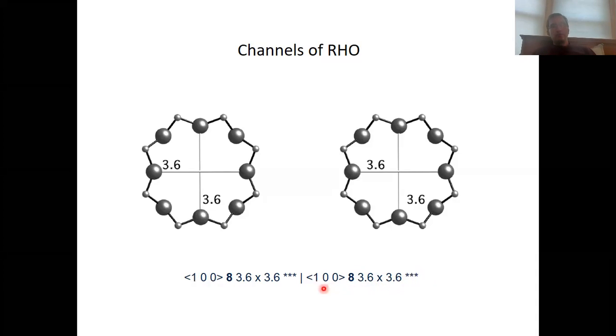However, the second one is now separated from the first one, indicated by this vertical bar here. So you have 2 independent 3-dimensional channel systems. Okay, one of this type and one of that type.